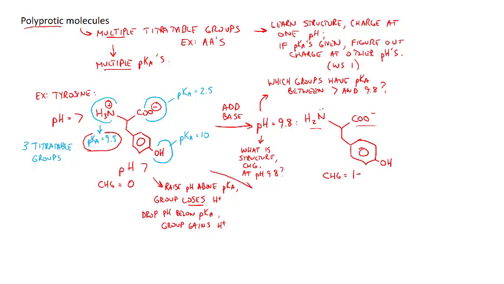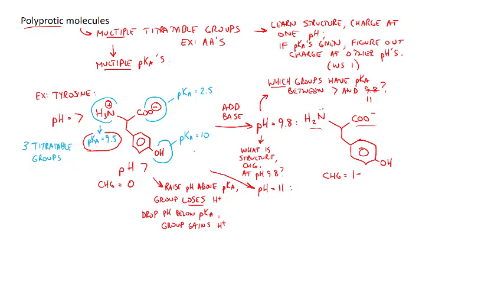If instead we add more base and go up to a pH of 11, now what's going to happen? Well, if we go from pH 7 to 11, we have to ask ourselves which groups have pKa values between 7 and 11. And the answer is 2 of them do.